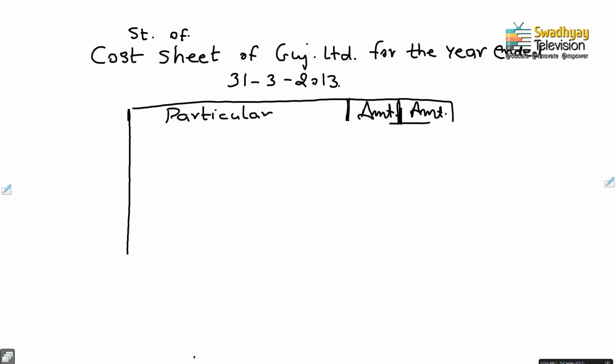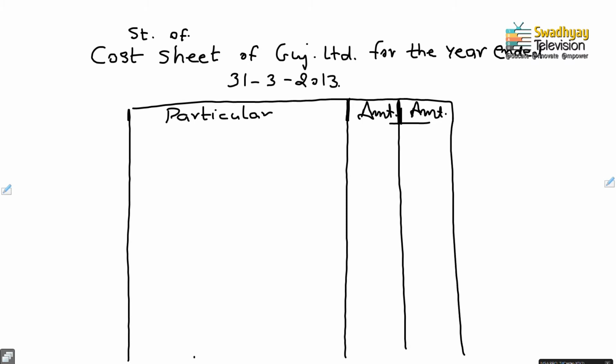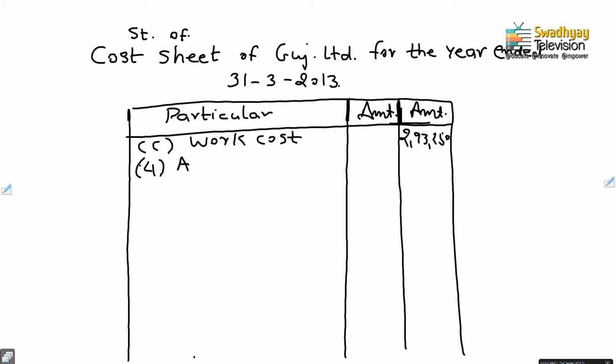Now after the work cost is identified, moving to the next part, that is administrative overheads. As we already found the answer, work cost is 2,93,250. Then the next expense is administrative overhead, it is item number 4, admin or office expenses.